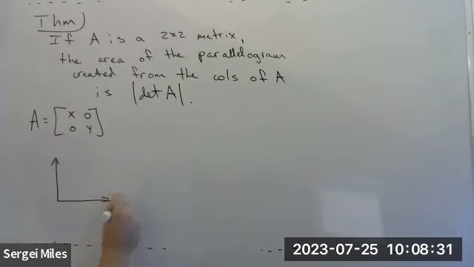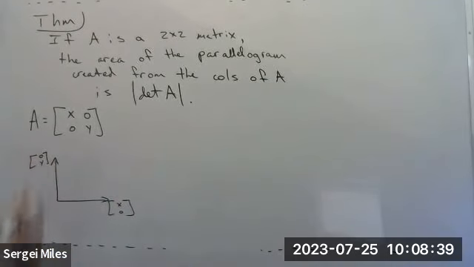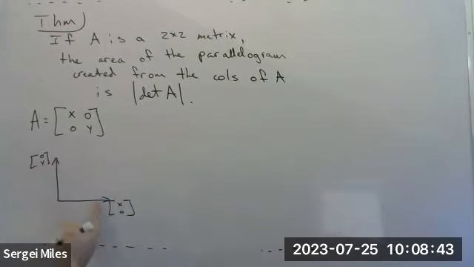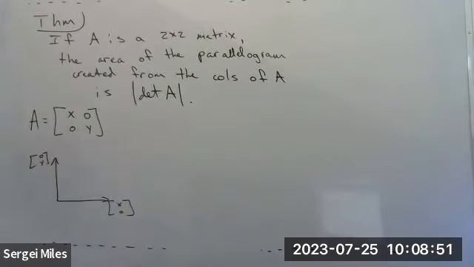This is a vector, right, in the horizontal direction. 0y is a vector in the y direction. Now, of course, x or y could be negative. That just means, okay, maybe the arrow is going to the left or the arrow is going down. It doesn't really matter. The point I'm getting at is, what is the parallelogram that's created from these two columns?